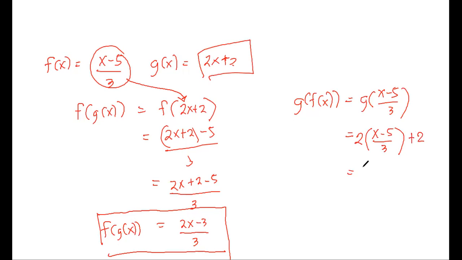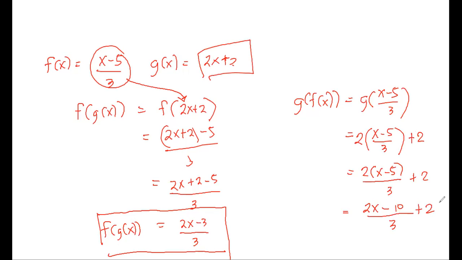So we now have 2 quantity (x minus 5) all over 3 plus 2. We have (2x minus 10) over 3 plus 2.